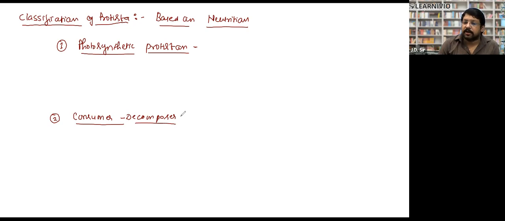They are basically decomposers and have similarity with the fungi, so they get nutrition from dead and decaying material. But sometimes when there is scarcity of dead and decaying material, they start behaving like amoeba-like organisms, they start phagocytosis, and this way they become consumers. That's how we have classified them on the basis of their nutrition.